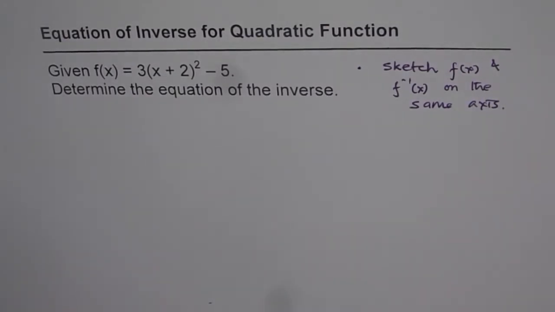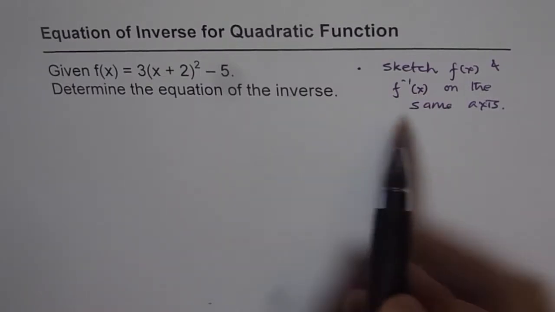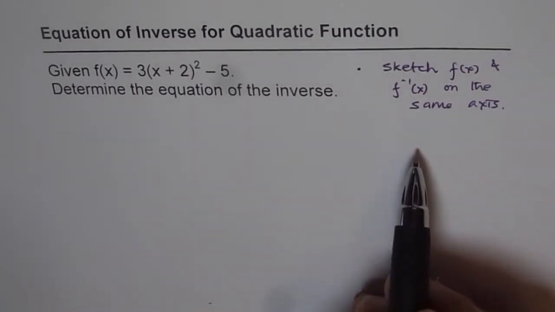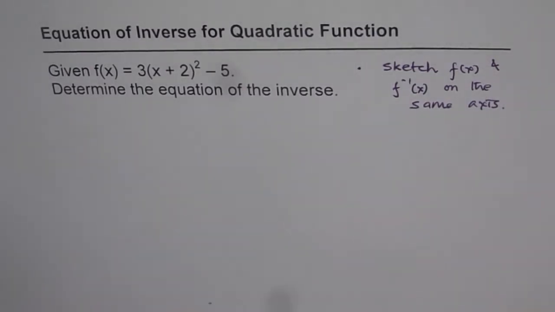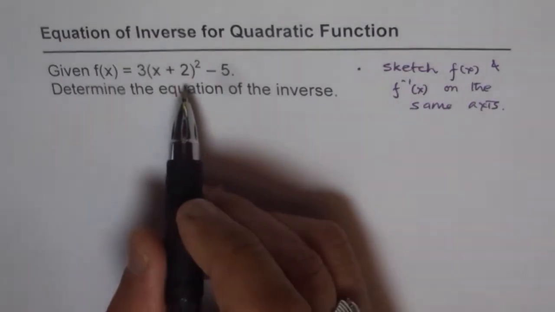We have had a couple of videos before this where we had sketched the graph of the function and its inverse. Now you sketch this function and its inverse, and from there find domain and range for both function and its inverse. And now let's learn how to determine the equation of the inverse when given in vertex form.